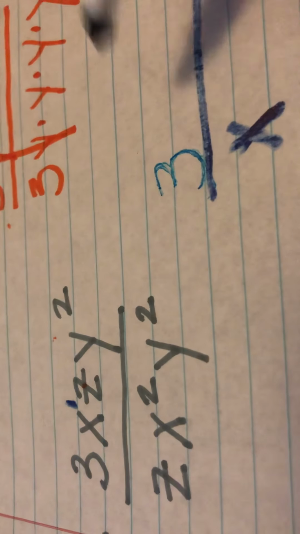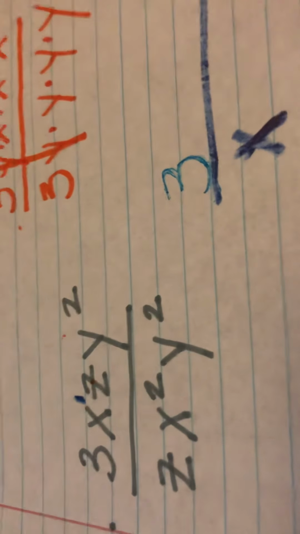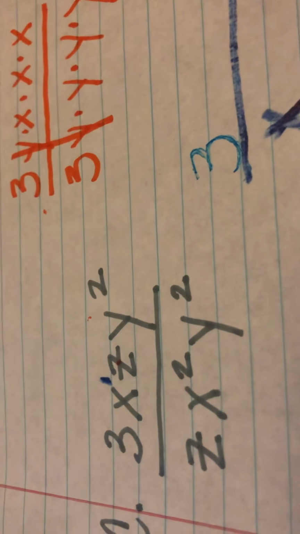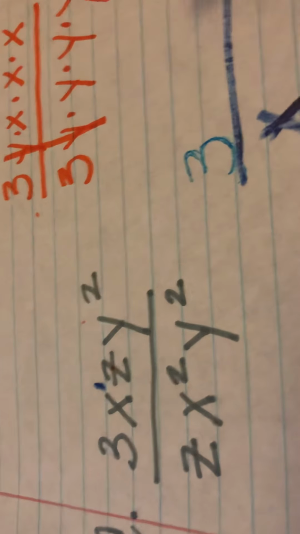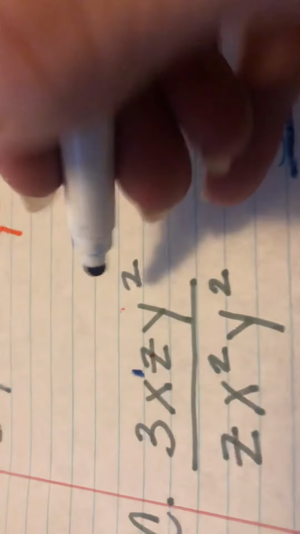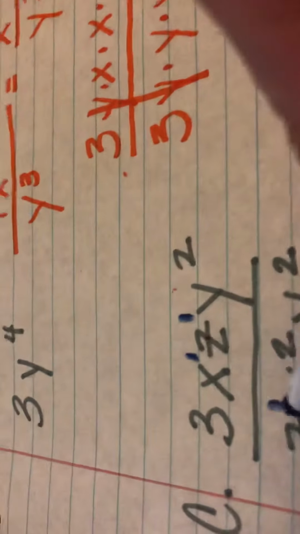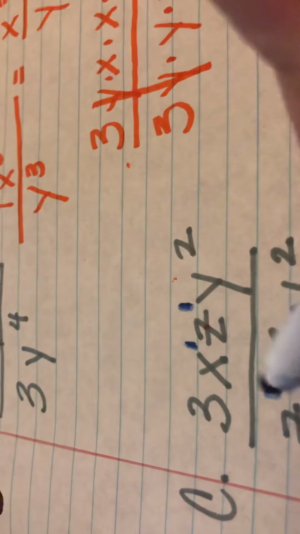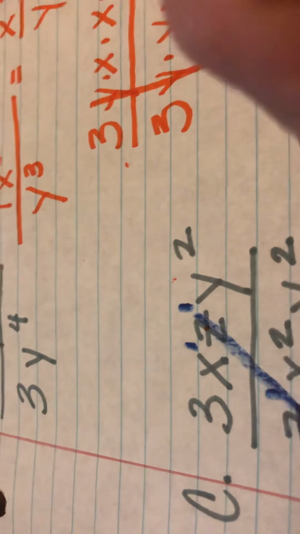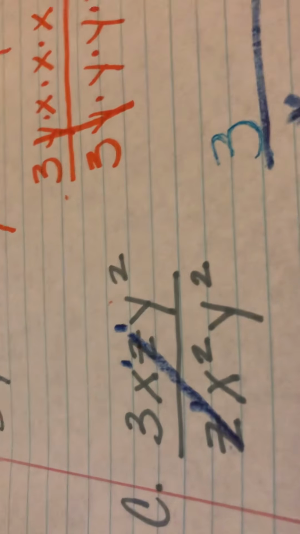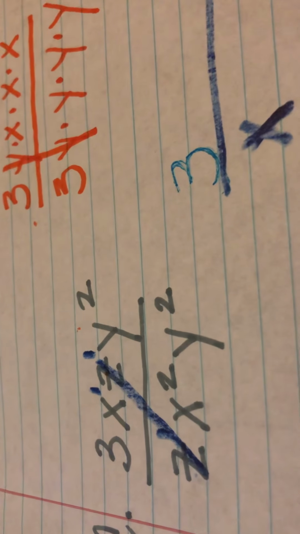So then we have a z on the top and a z on the bottom. So this is z to the 1st power and this is z to the 1st power. So basically what happens here, 1 minus 1 is 0. They cancel out. Or you can think of it as z divided by z. That's 1. He's gone.